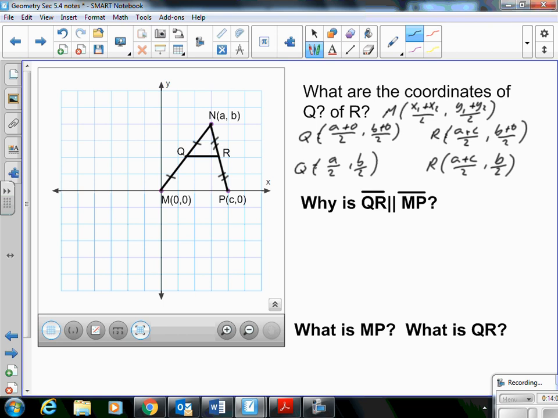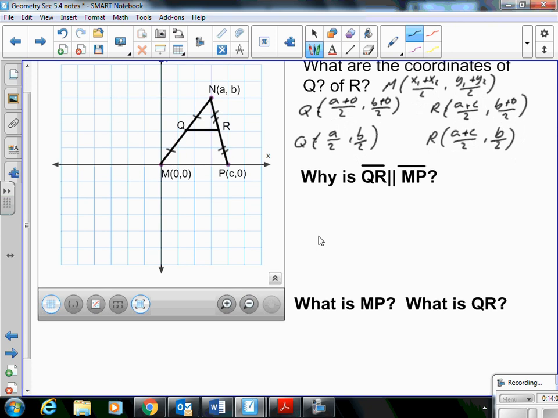Now, this next one is where it starts to get a little more complicated since we don't have real numbers here. It says, is line segment QR parallel to segment MP? Well, in order to figure out if they're actually parallel, we need to know the slopes of the two lines. So we use the slope formula.